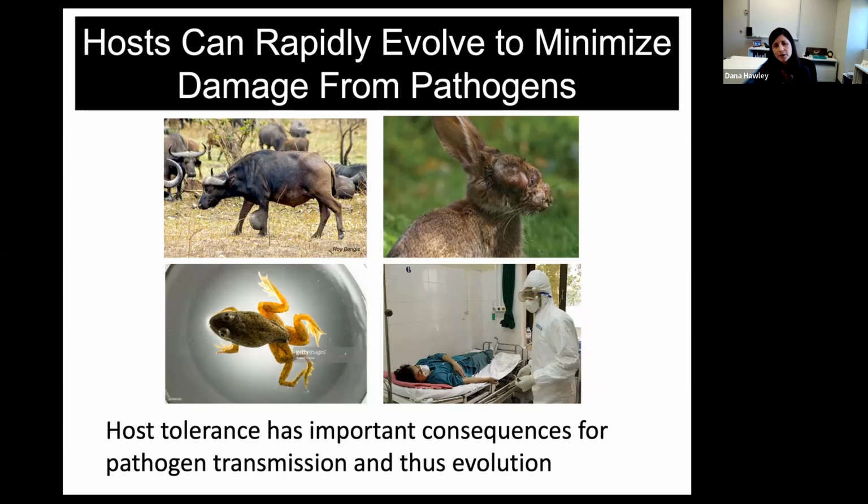And this is really important because we tend to focus on evolution of resistance, perhaps because it's a lot easier to study, but we know that host tolerance has really important consequences for pathogen transmission and thus for evolution.